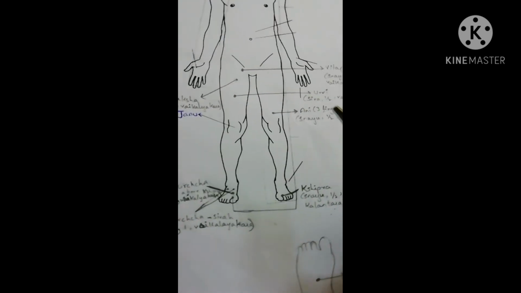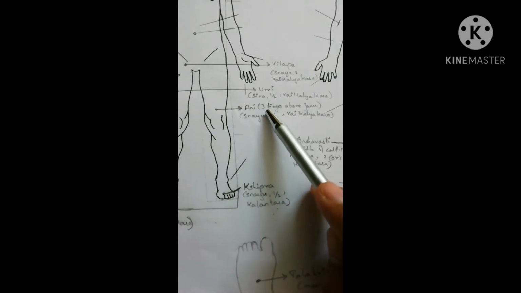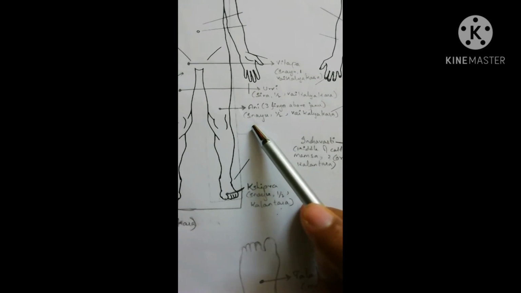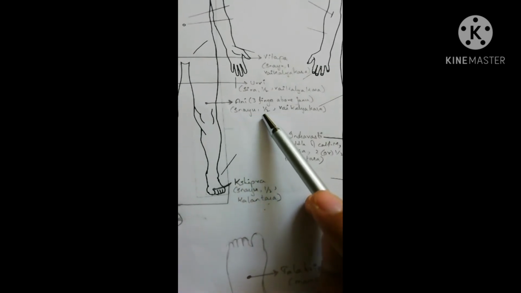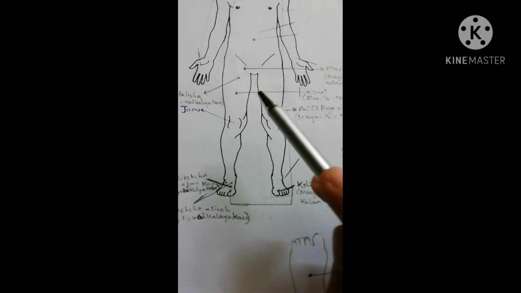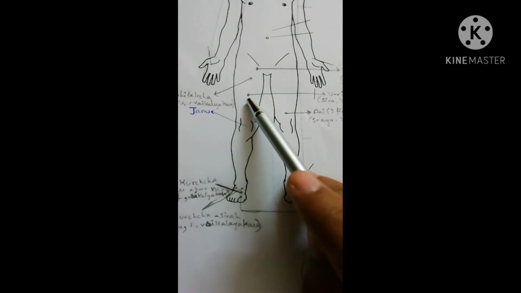Next to the Janu Marma, we find Ani Marma, about 3 finger widths above the Janu Marma. It is a Snayu Marma, half anguli, and a Vaikalyakara Marma. Next, we find Urvi.